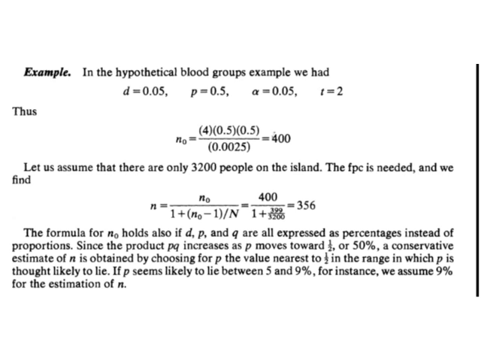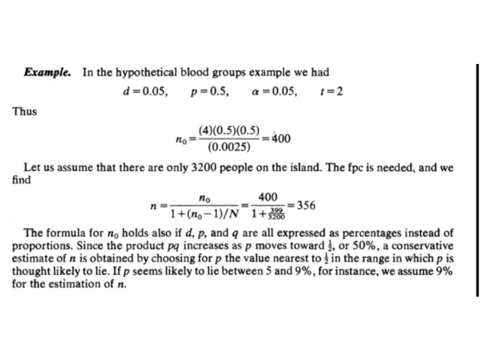This formula for n0 holds also if P and Q are expressed as percentages instead of proportions. Since the product PQ increases as P moves towards one half or 50%, a conservative estimate of n is obtained by choosing the P value nearest to one half in the range in which P is thought likely to lie.